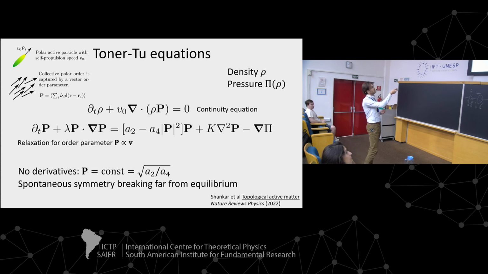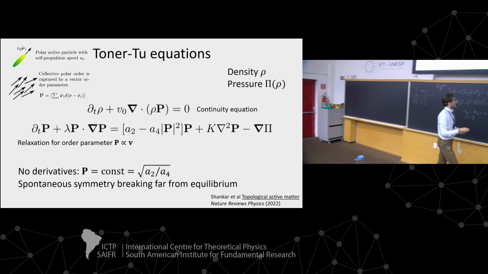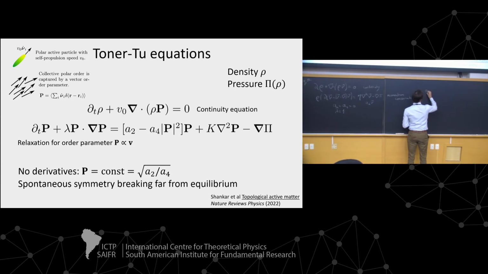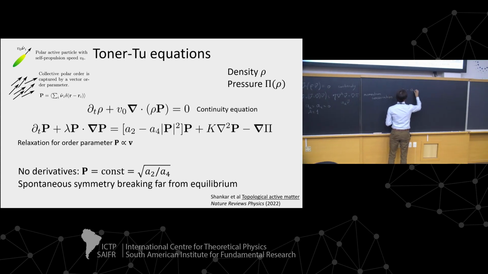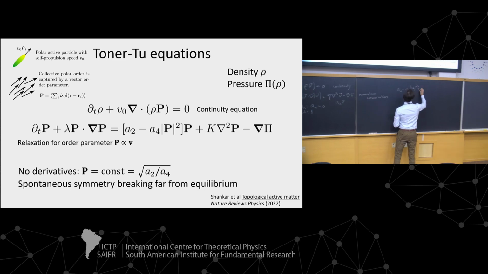In particular, you can see that if I say, well, I'm going to have no derivatives, something that's steady state and uniform in space, so I kill the time derivative here and kill all the spatial derivatives, the only equation that I'm left with is this one: A2 minus A4 P squared is equal to 0.